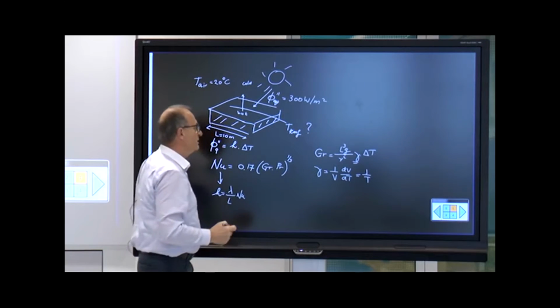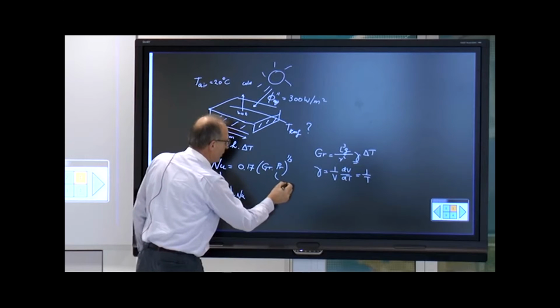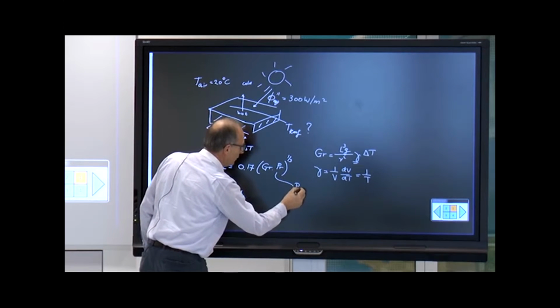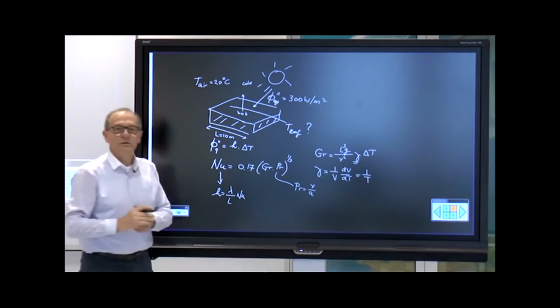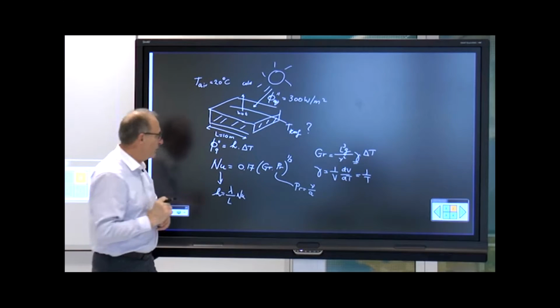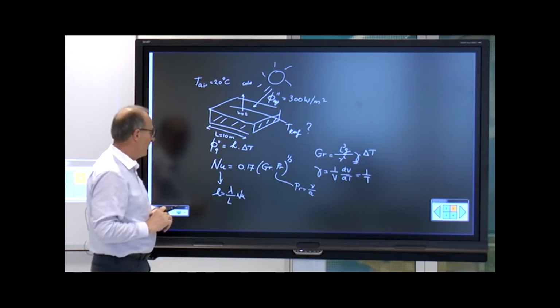So in this case, we can calculate the Grashof number. The Prandtl number, we know, is the ratio between the kinematic viscosity and the thermal diffusivity coefficient a. So in this case, we can also calculate the Nusselt number.